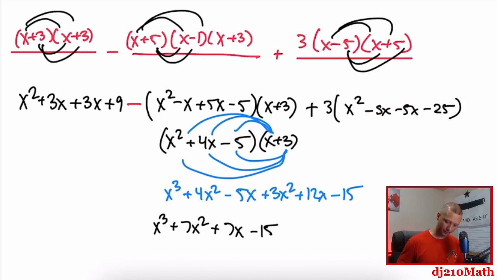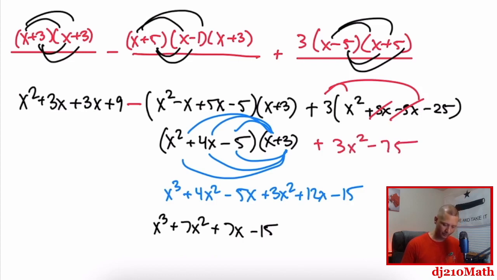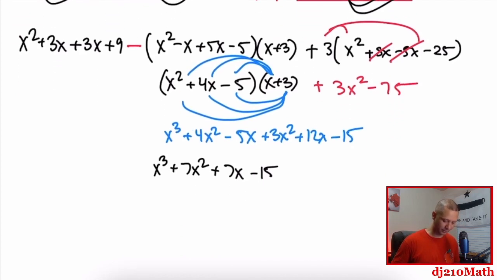No, they do, because this one's a positive, and then they cancel. So this is going to be plus, now the 3 is going to get distributed, 3x squared minus 75. This is just the numerator. This is wild.